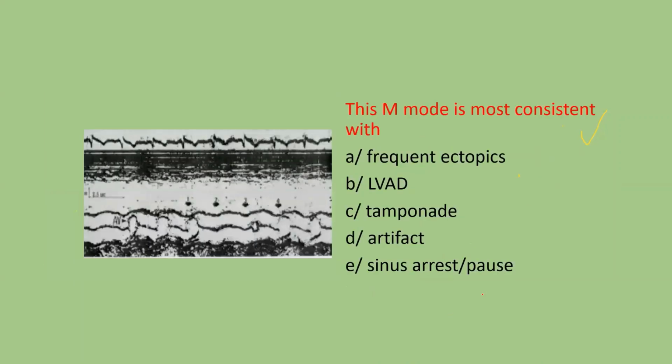This M-mode is most consistent with frequent ectopics, LVOT, tamponade, artifact, sinus arrest or pause. We have shown this last time. Tamponade, and this is the M-mode equivalent of pulsus paradoxus, exactly.